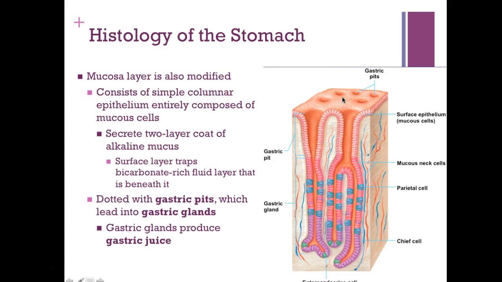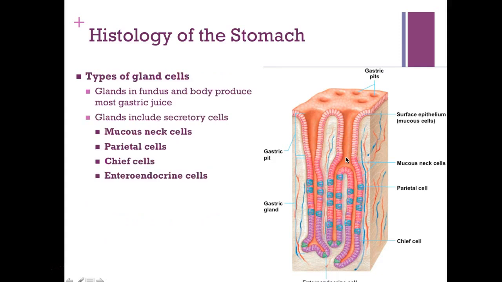We are going to have the surface layer trapped by carbonate-rich fluid that is beneath it. And you've got your gastric pits. And these glands are going to produce our gastric juice. So let's go through each of these cells and we'll talk about which ones create that gastric juice. They're all kind of working together.